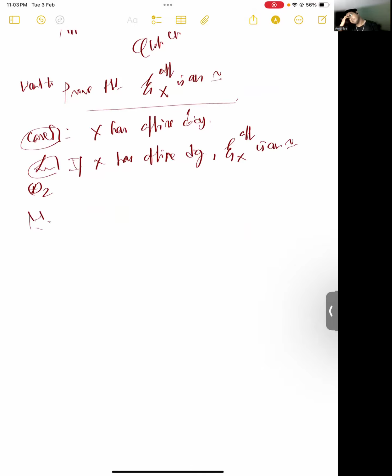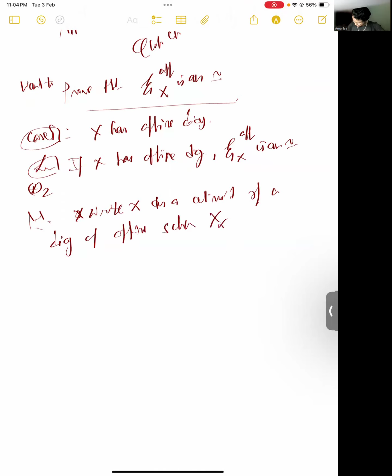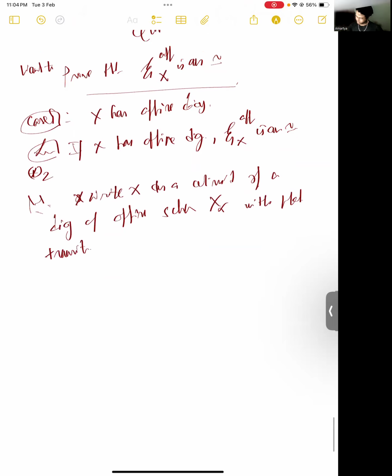For this, the idea is that you write x as a colimit of a diagram of affine schemes, say x sub alpha with transitions. I think this is what was mentioned towards the beginning of the talk.